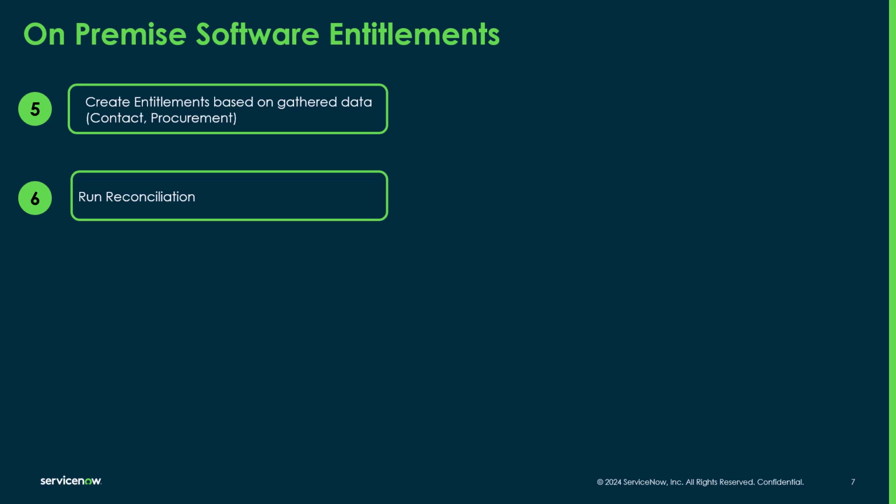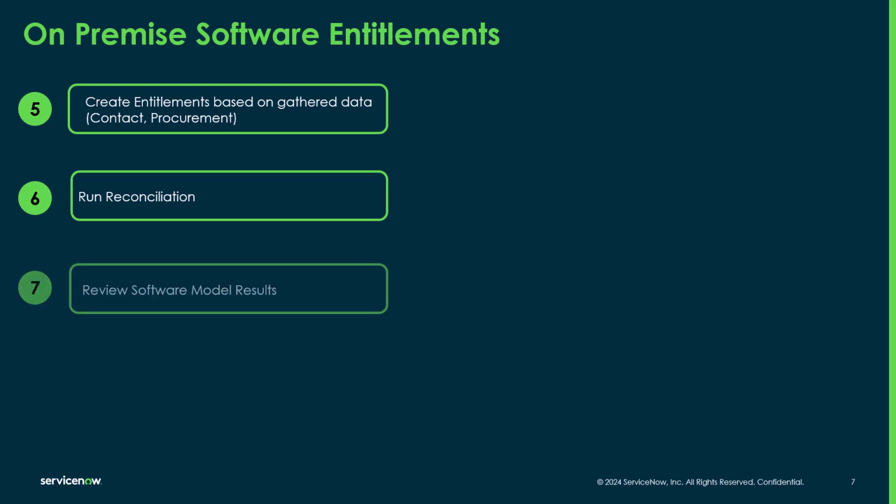That reconciliation process reconciles the entitlements against the installations, applies the default license metrics and use rights, and gives you that starting compliance position. From there, take a look at the software model results. You do that by going to the license usage workspace and reviewing that publisher or product and determining, hey, are those products compliant? Do I need to do anything else?